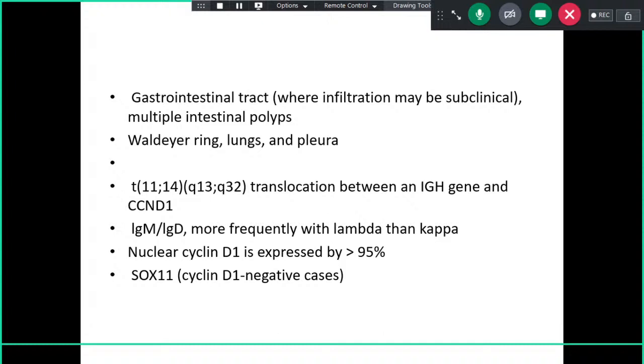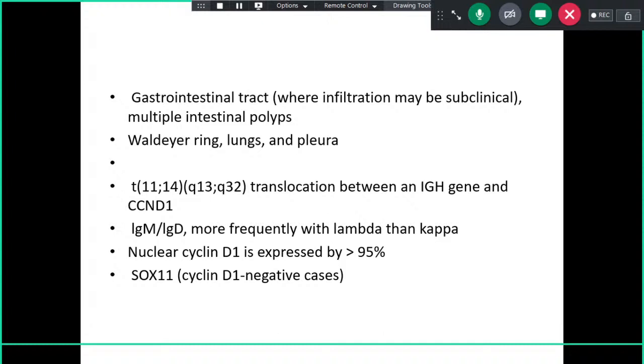What is the translocation I told you in follicular? It is 14-18. Here it is translocation 11-14, which occurs between IGH and CCND1, so IGH and cyclin D1. There it is IGH and BCL2. These are very frequent questions people ask: 14-18 follicular, 11-14 mantle. In 14-18 you get BCL2 protein expression.